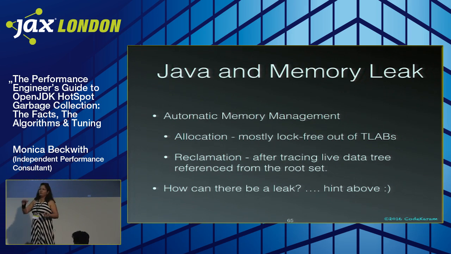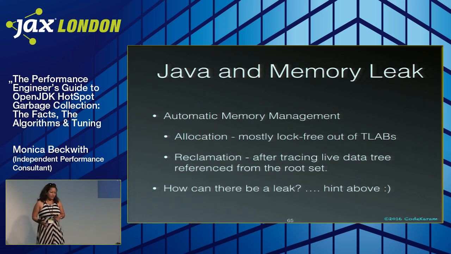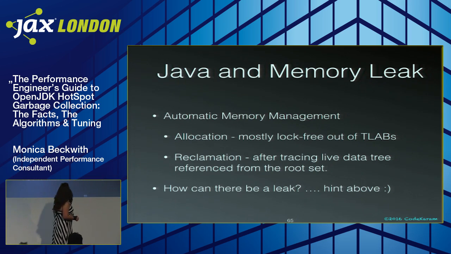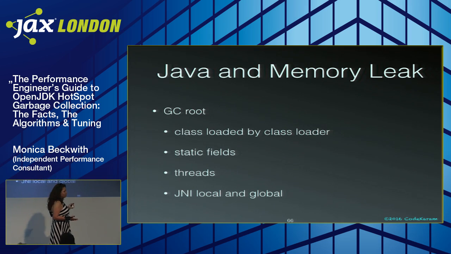People always wonder, and they always ask me, so we have Java, which has automatic memory management. How can we have memory leaks, right? We spoke about how allocations are mostly lock-free out of TLABs. And we also spoke about how reclamations happen after tracing the live data tree reference from the root set. So how can there be a leak? There's a hint right there. And that is what? The root set, right? You're tracing from the root set.